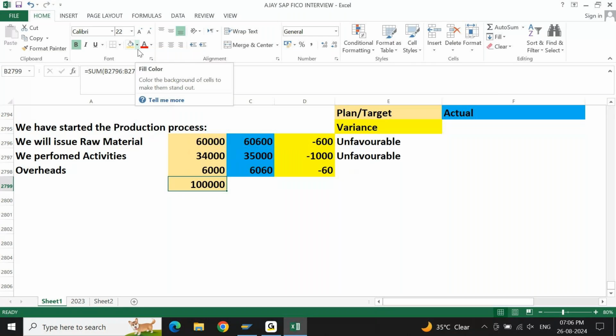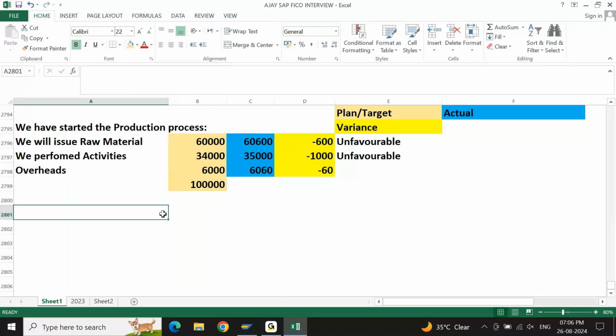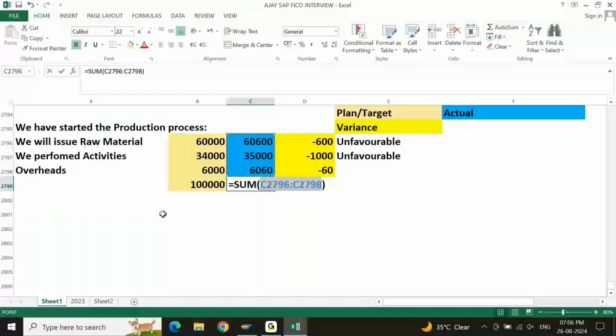This was my planned cost, or my target cost, to produce 100 quantity of output. But I ended up spending how much? 1 lakh 1660, 1,01,660. There is a variance. This variance is how much? 1660.